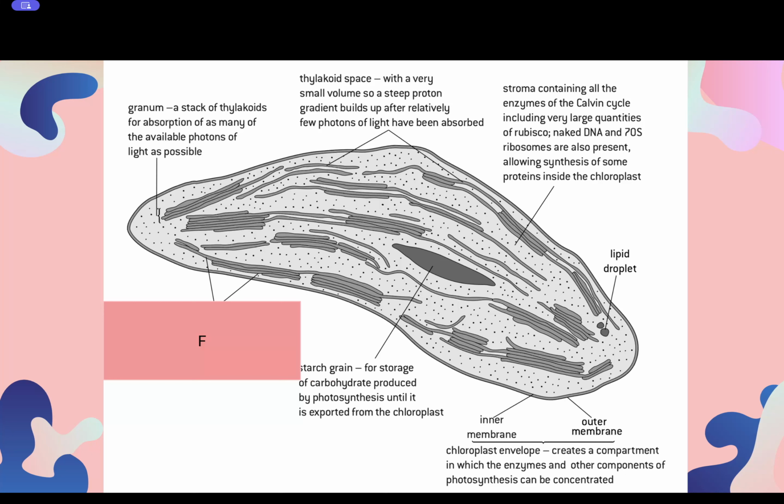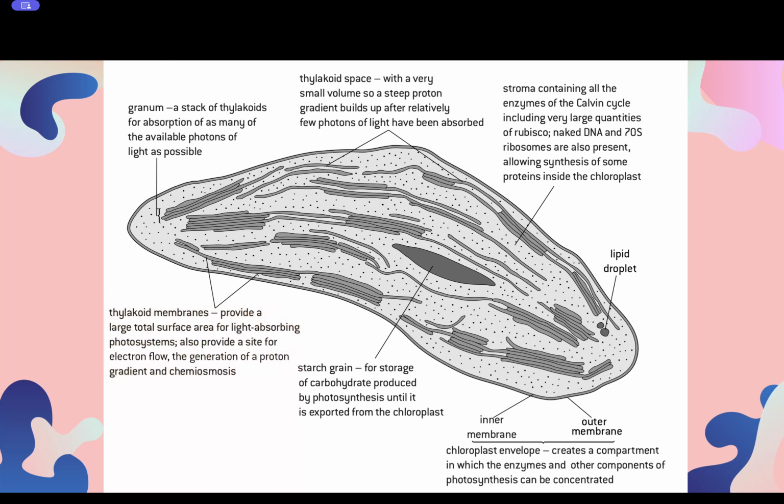Starch is how carbohydrates are primarily stored in plants, which is why you can see the starch grain within the chloroplast here. And the last one is the thylakoid membranes themselves.